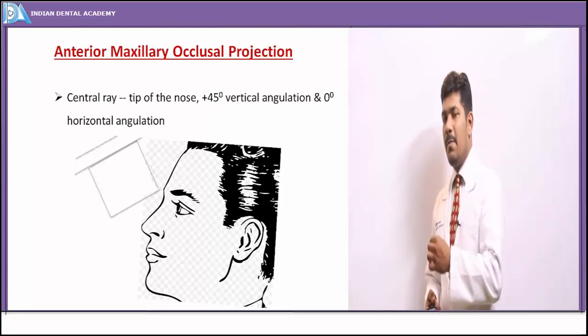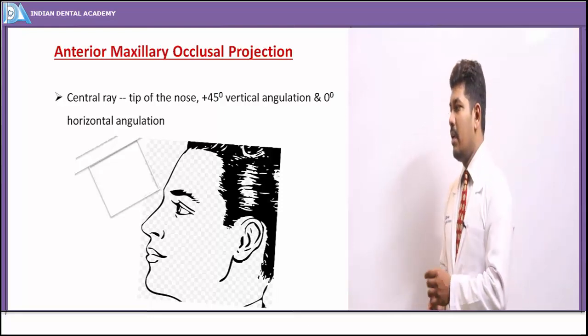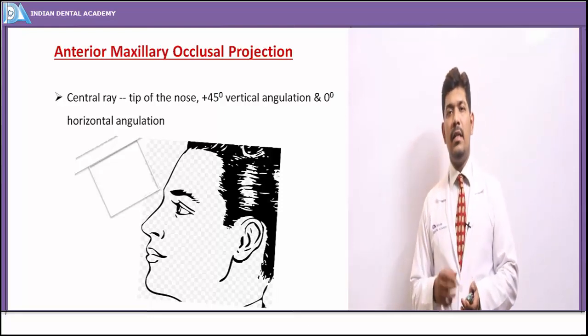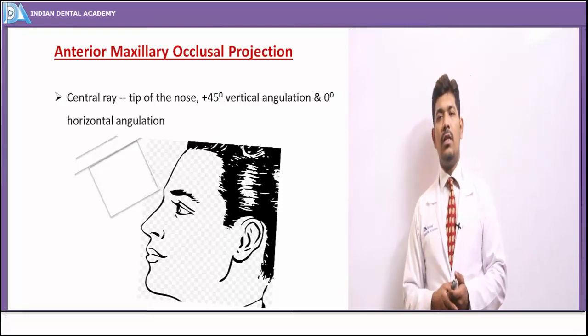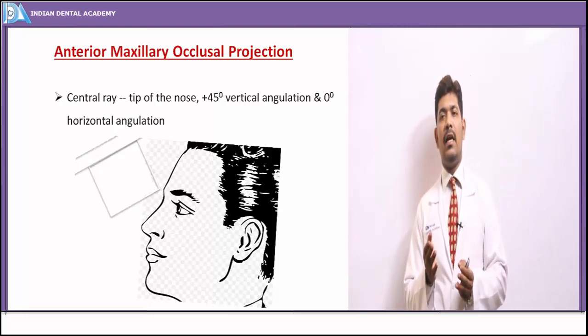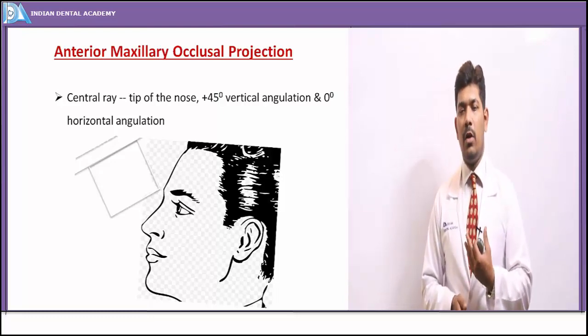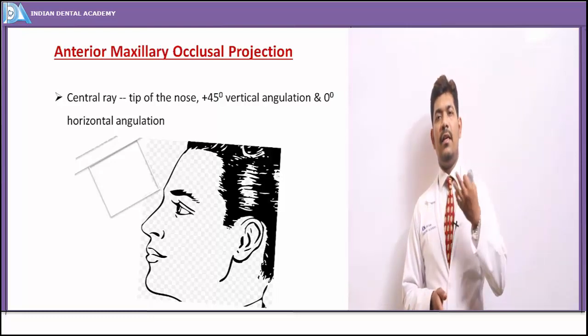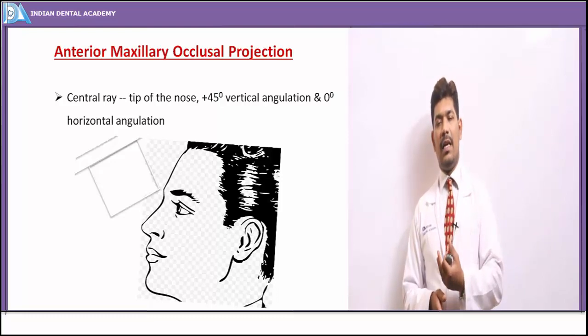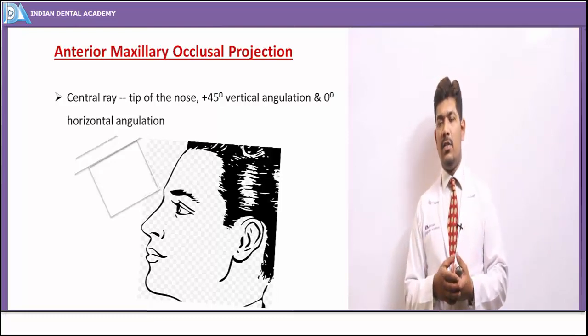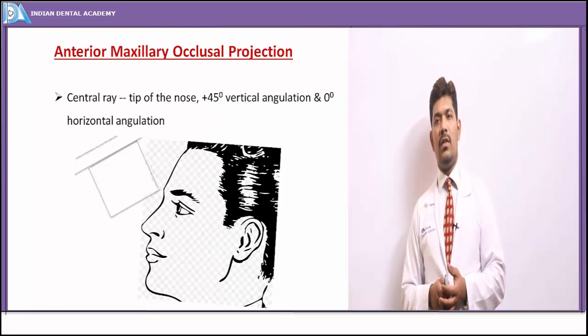Coming over to the anterior maxillary occlusal projection, it is basically to determine the anterior occlusal area or the anterior teeth and their surrounding structures of the maxillary area. What we see over here is teeth ranging from canine to canine of the maxillary arch and the surrounding structures like the nasal septum, the anterior palate or the nasal fossae.